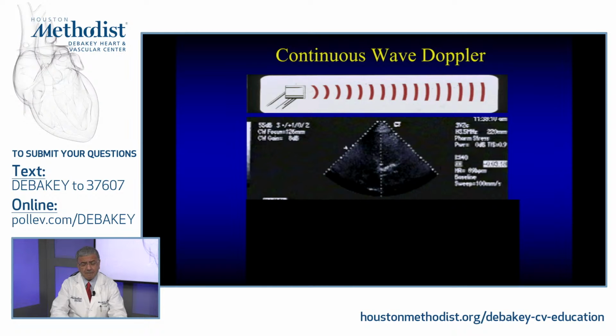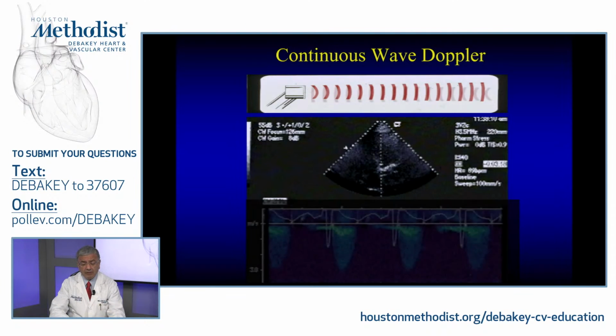Continuous wave Doppler, as opposed to pulse Doppler, where you send a pulse, you wait for the range of the depth that you want and listen to that. Here, you have a crystal that is sending your frequency continuously and a crystal that is listening continuously back. So you could tell what the difference is going to be.